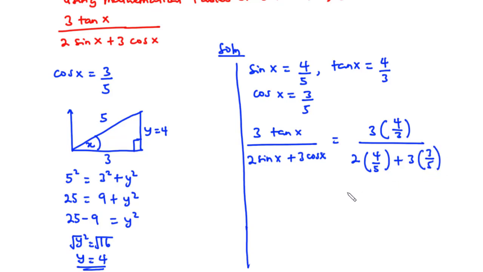Now this is equal to, 3 cancels out 3. We are left with 4 divided by 2 times 4 is 8. So 8 over 5 plus 3 times 3 is 9, so 9 over 5. Now because the denominators are the same, we are going to add the numerators. So we have 8 plus 9, which is 17. So this is equal to 17 over 5.